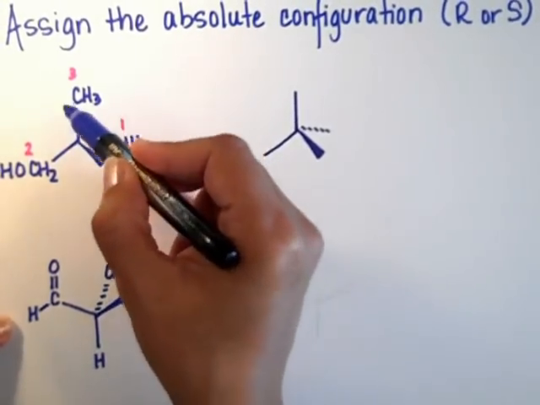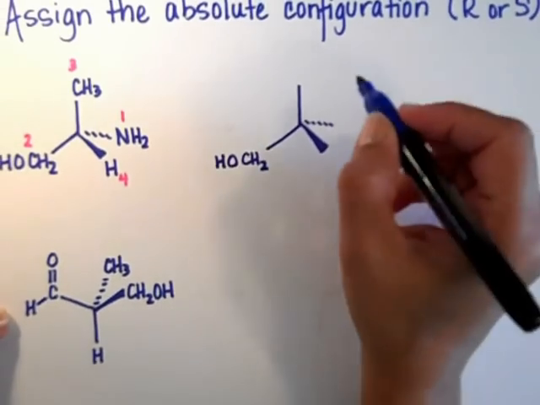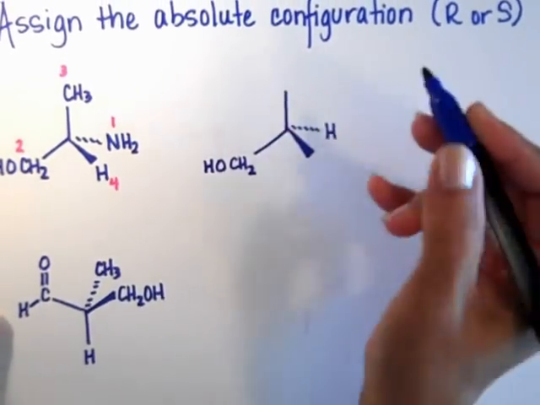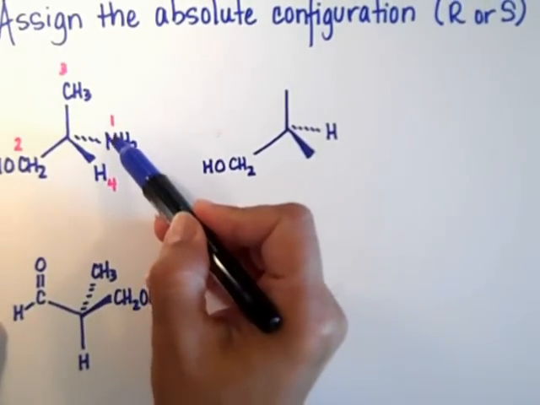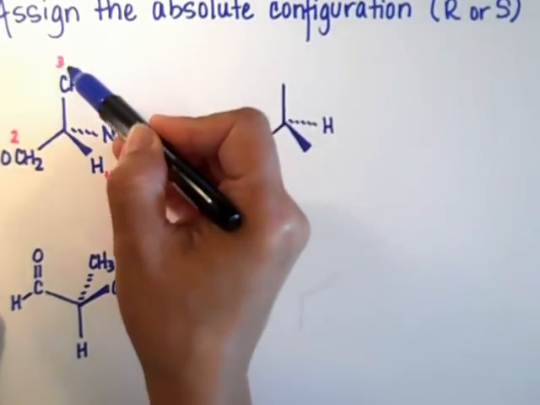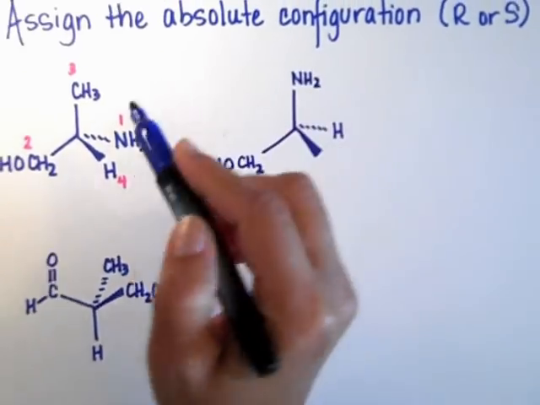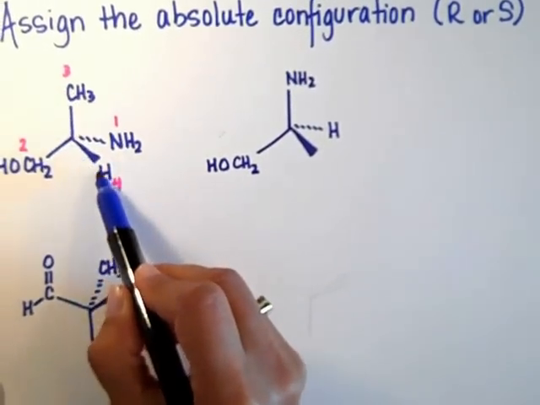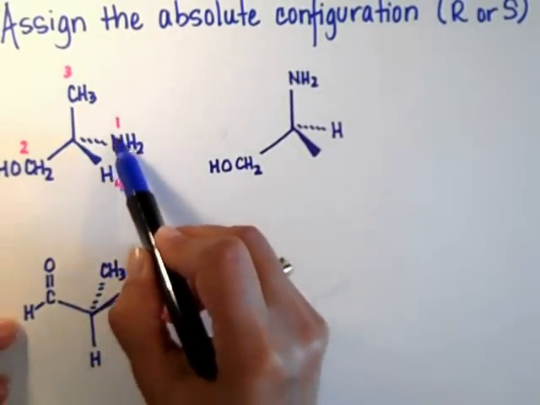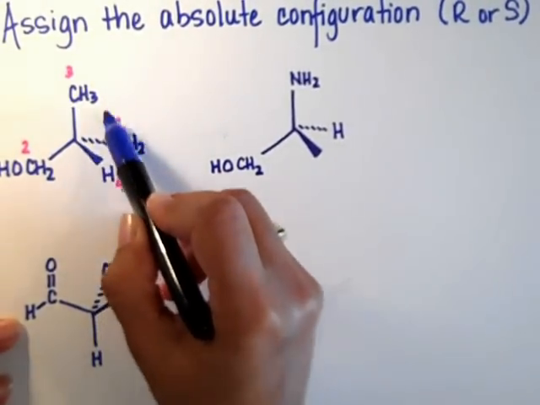What I want to do is rotate these 3 as if you were twirling an umbrella. You're going to rotate these 3 until the hydrogen goes to the back. When the hydrogen goes to the back, the nitrogen goes to the very top, and the methyl comes all the way to the front. So we're just rotating these 3 to the left.